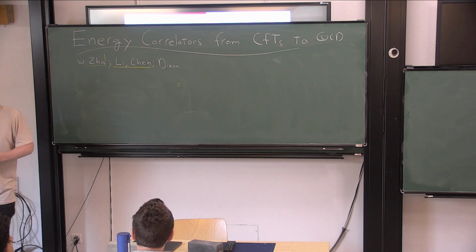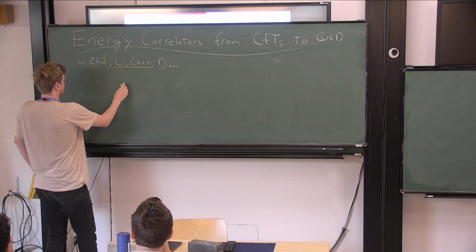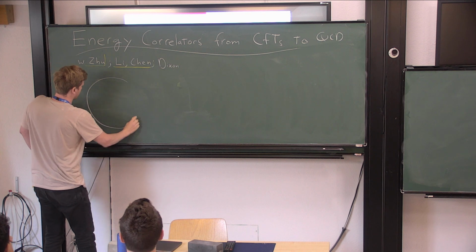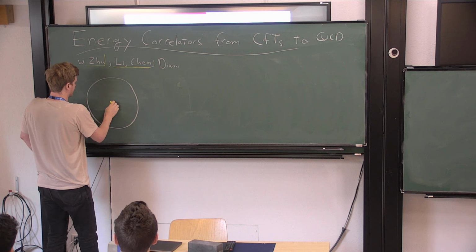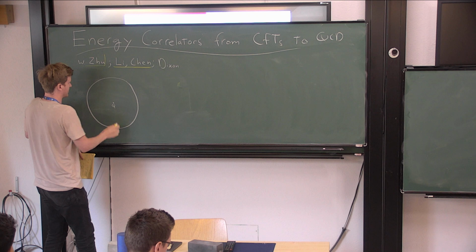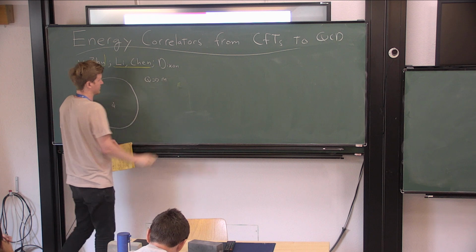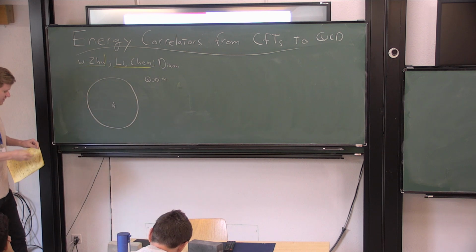Okay, so first for the very big picture. What we're trying to describe is when we have collisions, for example at the LHC, we're colliding things at some energy, which I'll always call Q, where Q is much, much bigger than the mass or the gap in your theory.